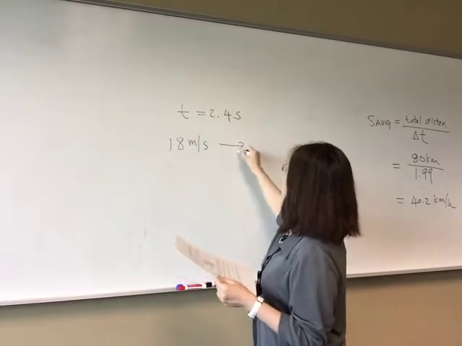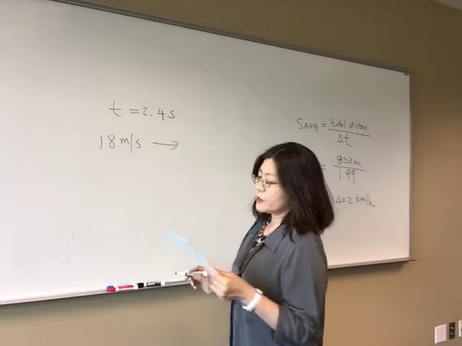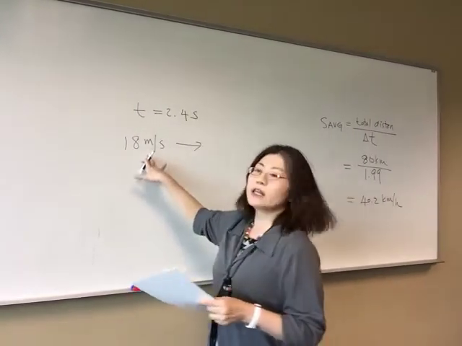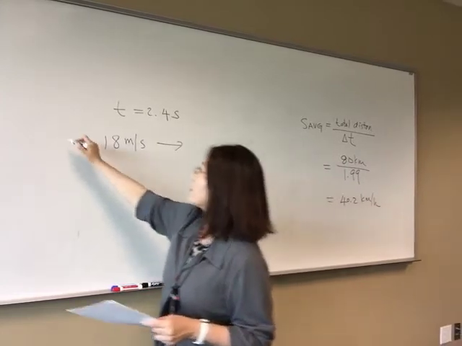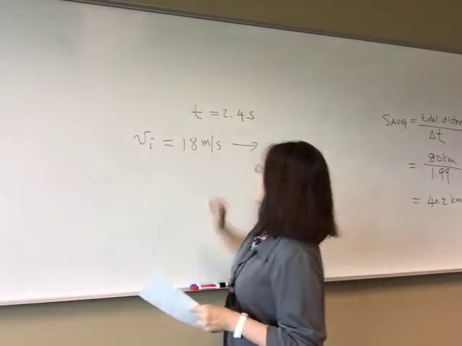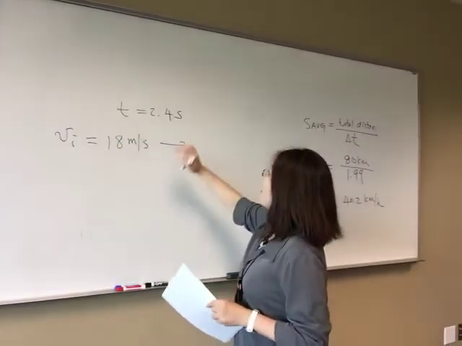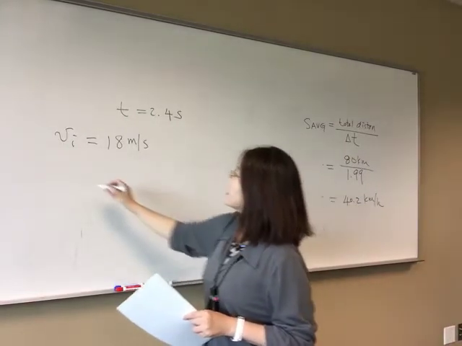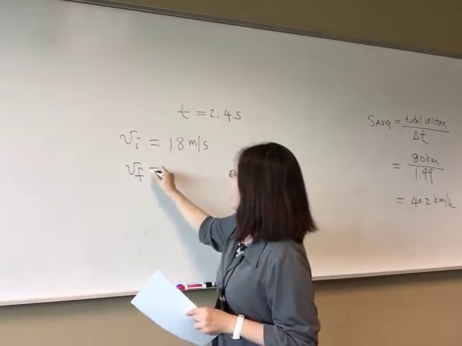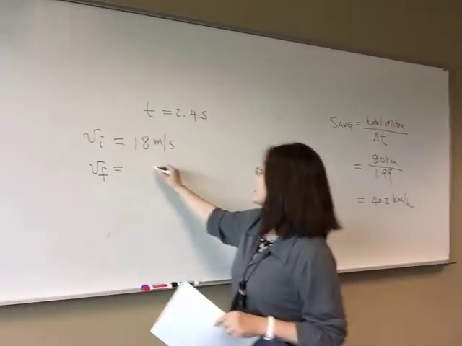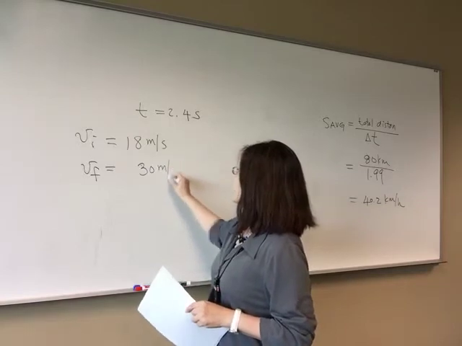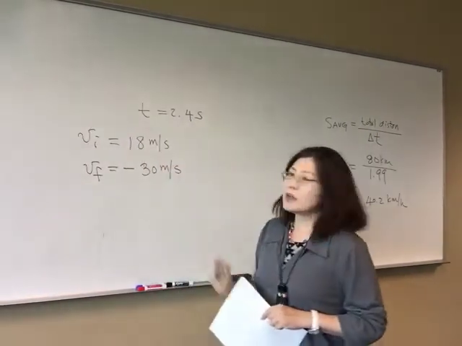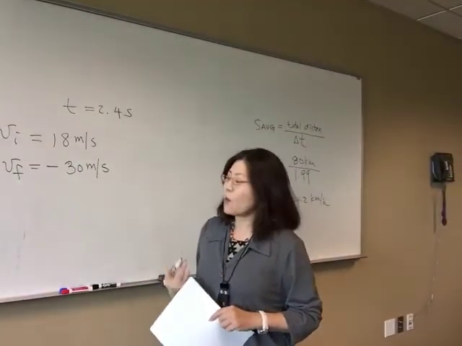If we take it to be the initial value, we call that VI, which is 18 meters per second. Then 2.4 seconds later, we call that VF. And that VF has a magnitude of 30 meters per second, and it is in the opposite direction. So we're going to associate a negative sign with this 30 meters per second to indicate that it is in the opposite direction.